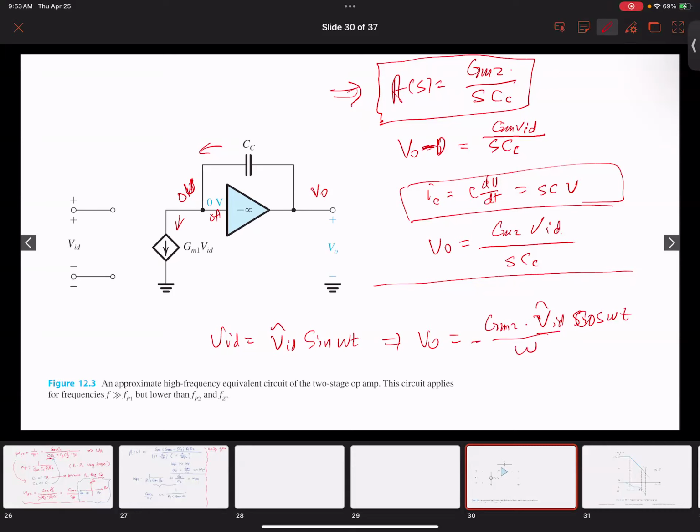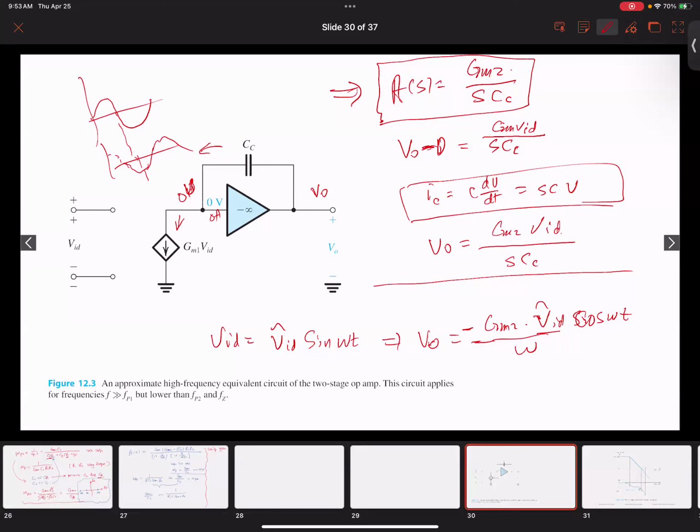So VO is the integration of VID, and this is how you get your output, which here is a minus sign. So integration means if your input is a sine wave, your output will be a cosine wave delayed by 90 degrees. So it's shifted by 90 degrees.